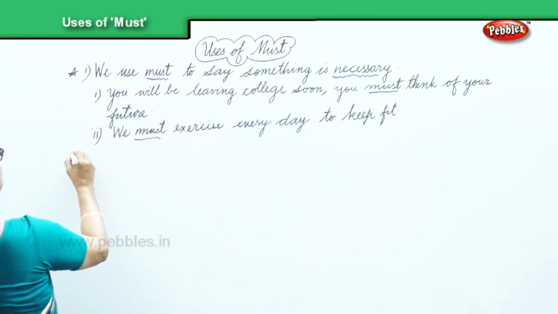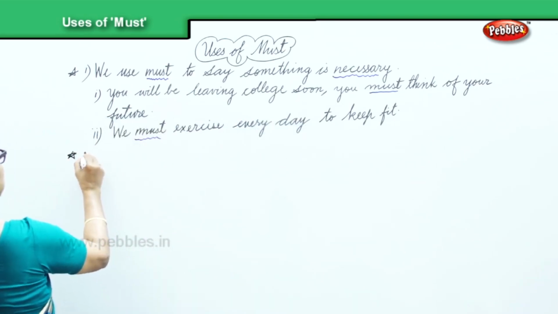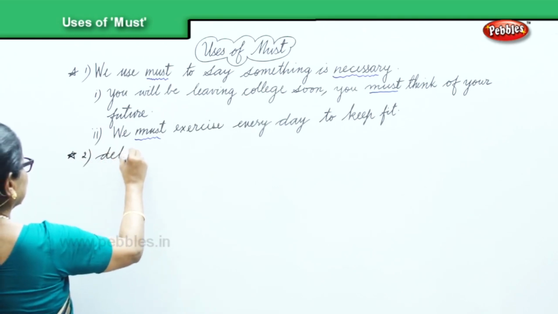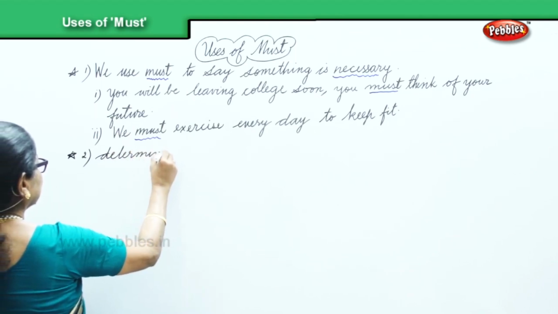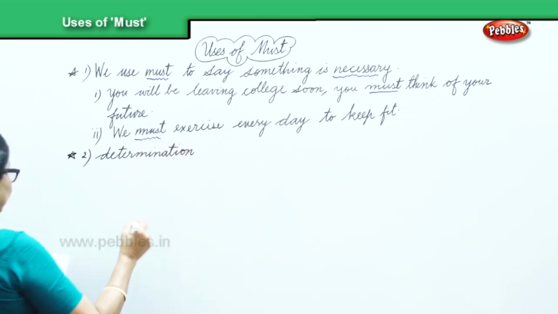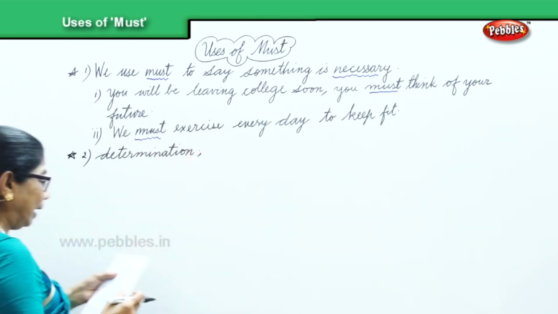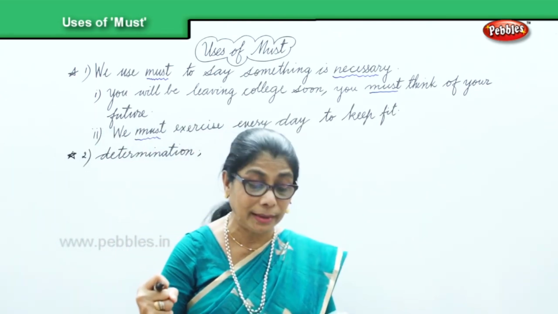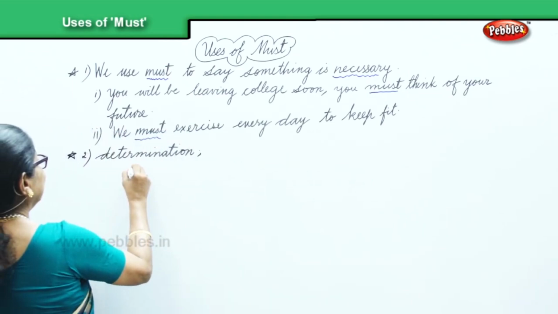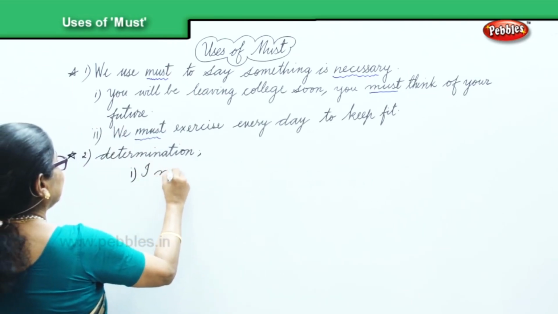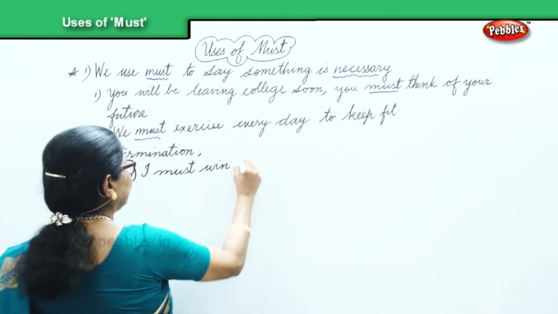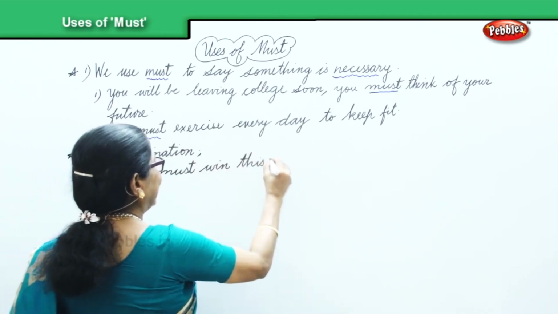Number two, must is used for determination. In determination, as in, I must win this match. I must win. I must win this match.